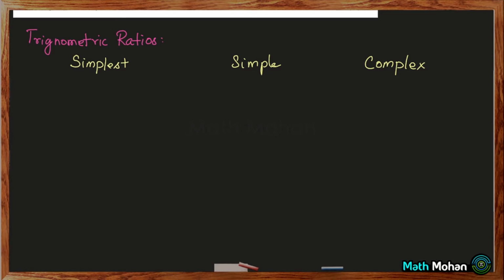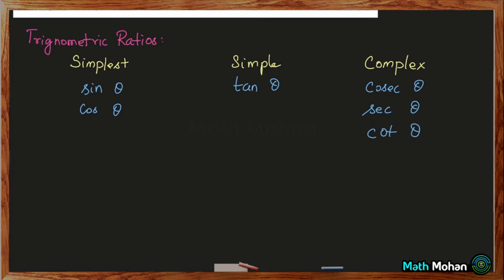So I am going to write them under three categories. Sine and cos you can write under the simplest form: sine theta, cos theta. The next is tan theta, which comes under the simple form, and the complex forms are cosecant theta, secant theta, then cot theta.